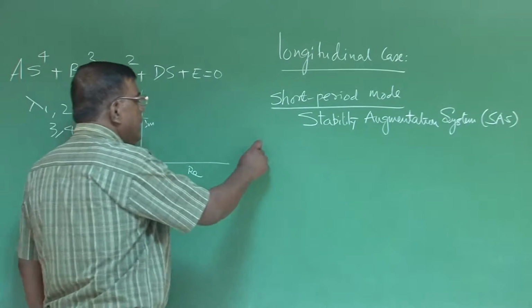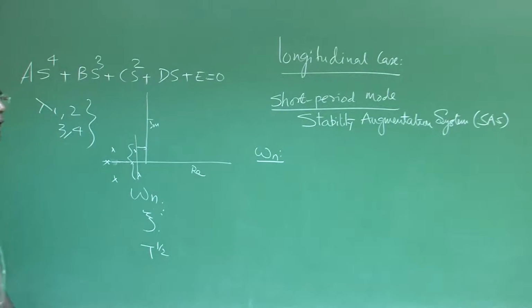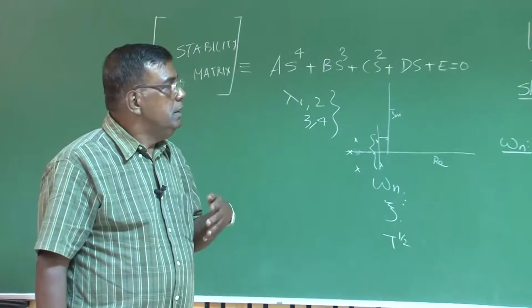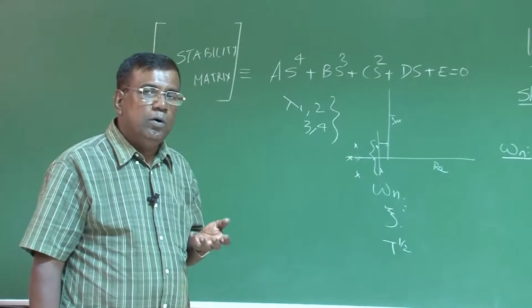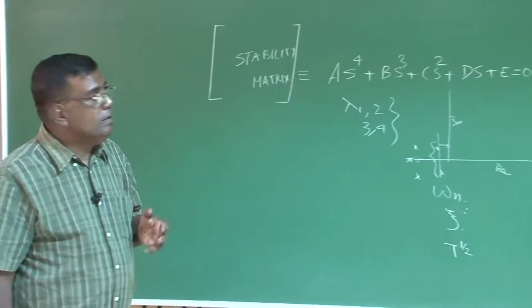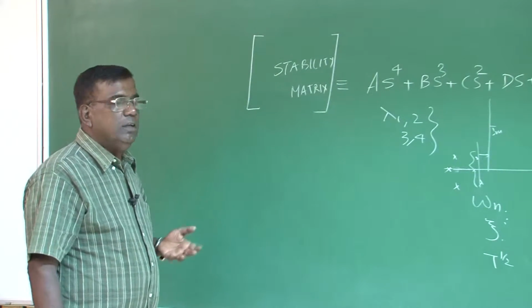Let us say if it is omega n, and if it is a short period, by now we know we have analyzed pure pitch, we have analyzed an approximate short period mode by simplifying the exact equation. Also we know the exact solution as well.